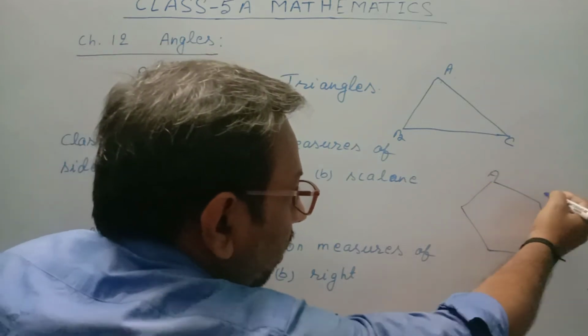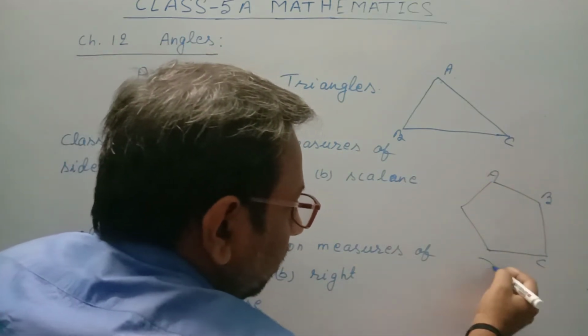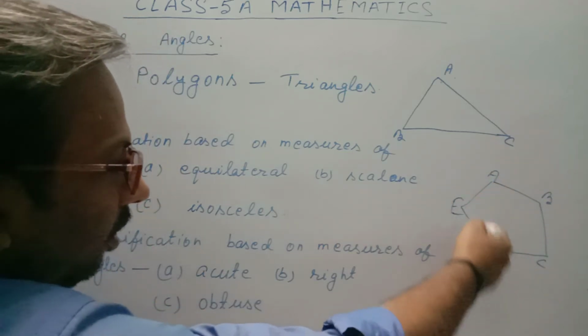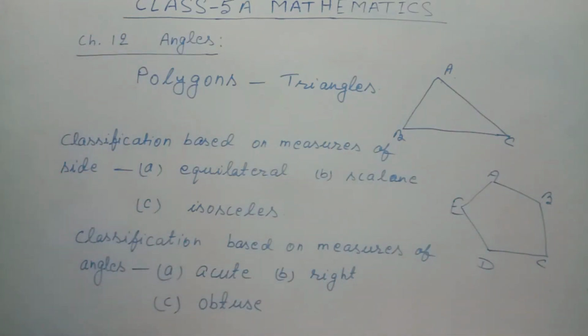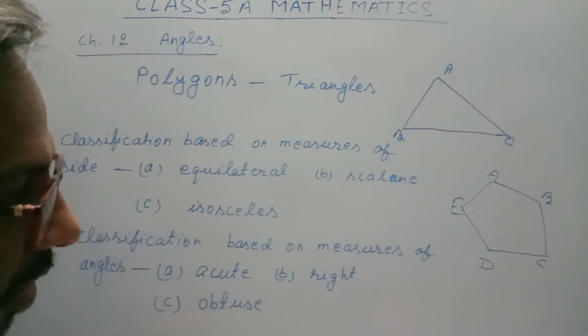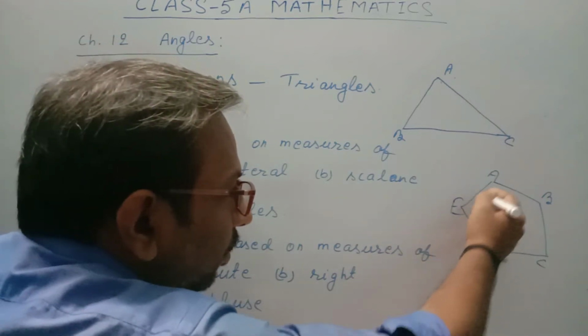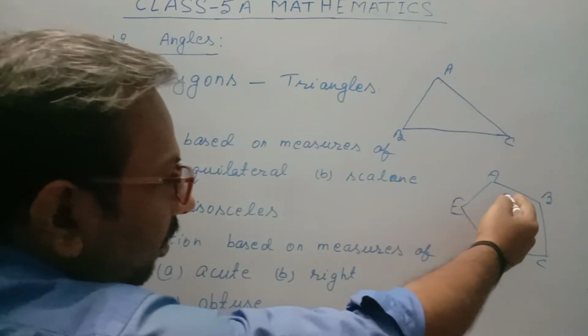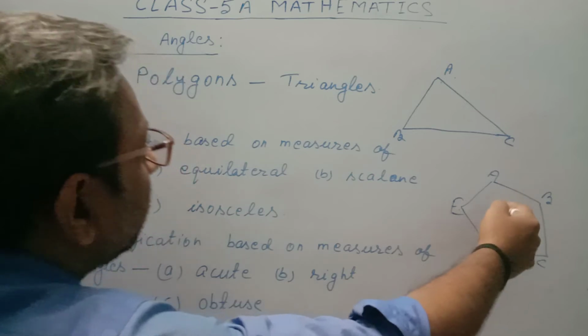These AB, BC, CD, DE and AE are the line segments. They are joined together, and these line segments do not cross each other. So in this way, this figure, this plane curve, is called a polygon.